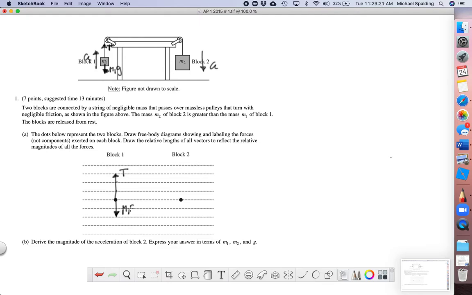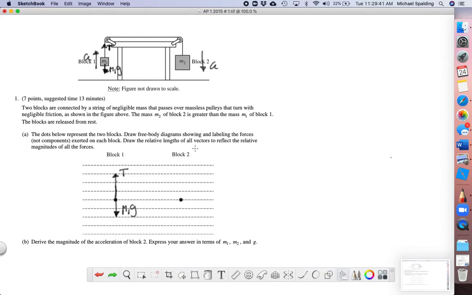We'll label that M1G, the equation for force of gravity. The key thing here is that the upward tension is greater than the downward force of gravity, which allows for an upward acceleration, which is what we know block 1 is going to do.